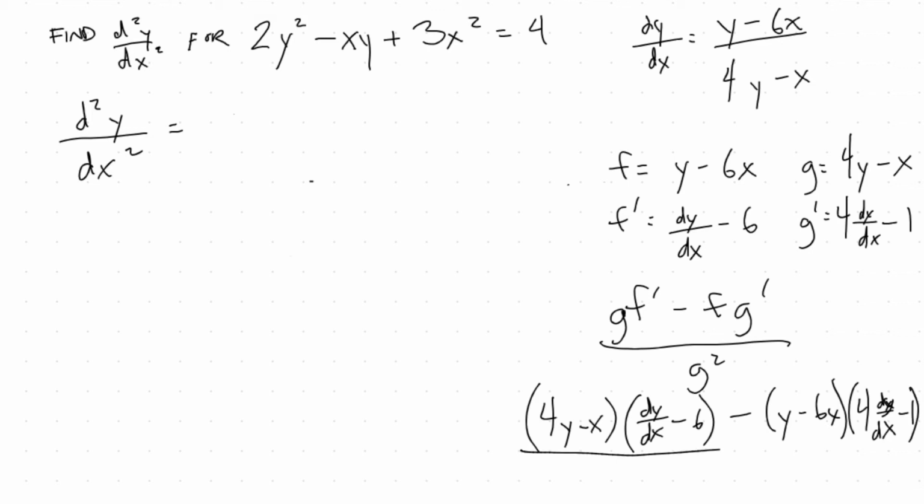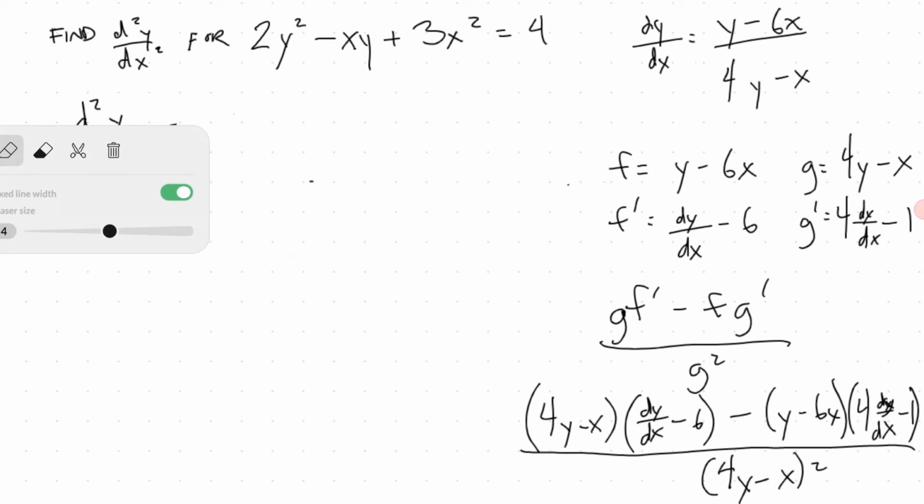And this is all divided by g squared. So we have 4y minus x squared. All right, so there's a lot going on here. It doesn't really look like there's going to be anything that we can factor out. So instead, we're going to have to FOIL these.